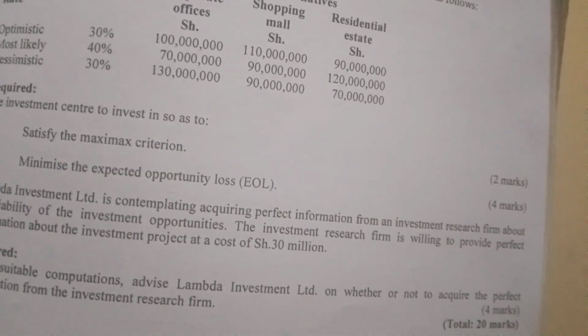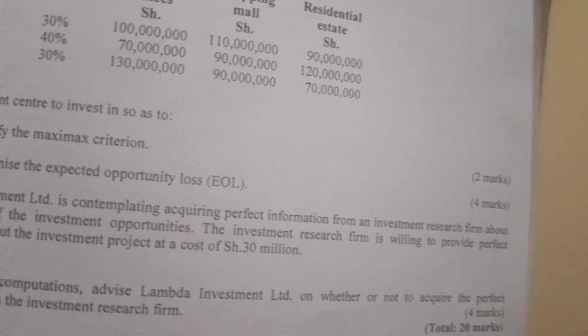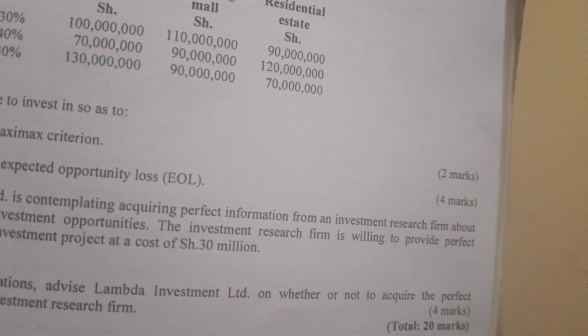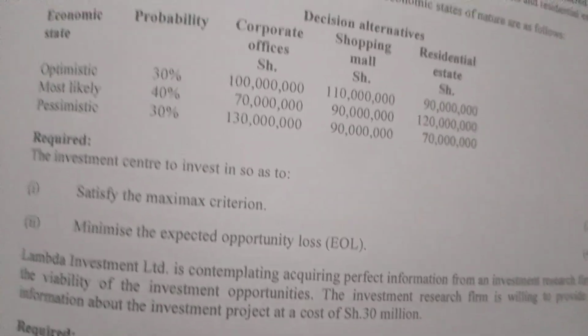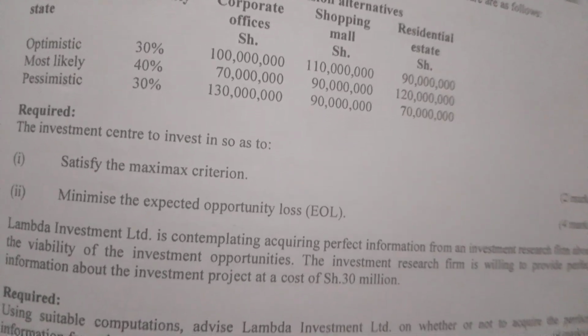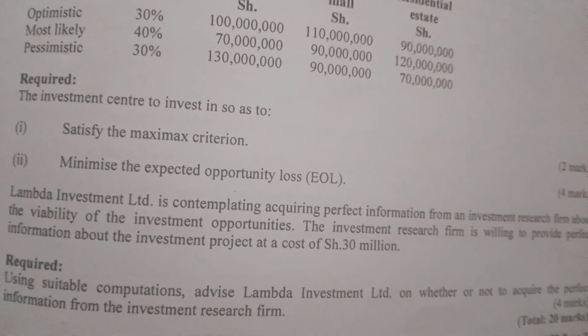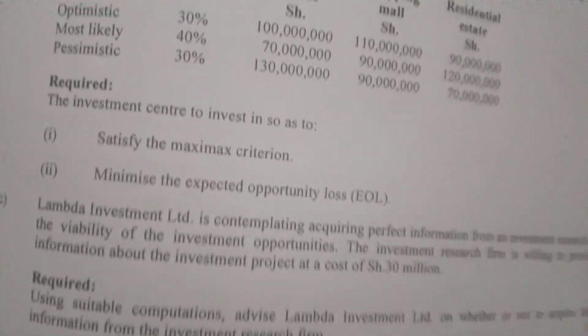Go along the second row, 70, 90, 120. You pick 120. The last one, 130, 90, 70. You pick 130. So you have gone along each row. We are answering number one.